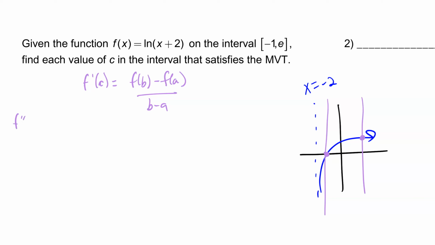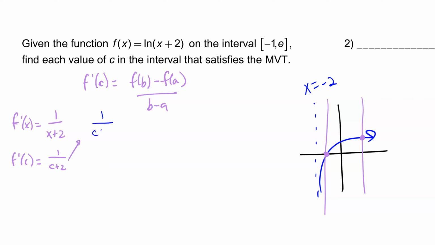So first, let's find what the derivative is. If f of x is ln of x plus 2, what is the derivative going to be? 1 over x plus 2. So if I plug in c, what's f prime of c? 1 over c plus 2. So we're going to plug it in over here to the left side.